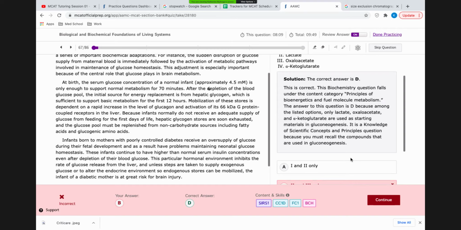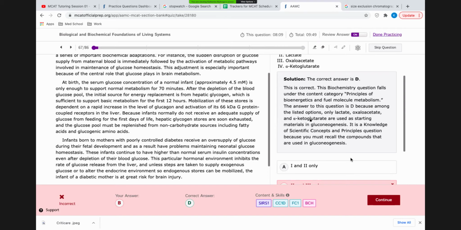Let's see. Lactate, oxaloacetate, and alpha ketoglutarate, gluconeogenesis. Okay. So yes, for the test, know those things. I just didn't have them memorized, but I did know that it had to be gluconeogenesis, and I knew that oxaloacetate is something that can go into gluconeogenesis.